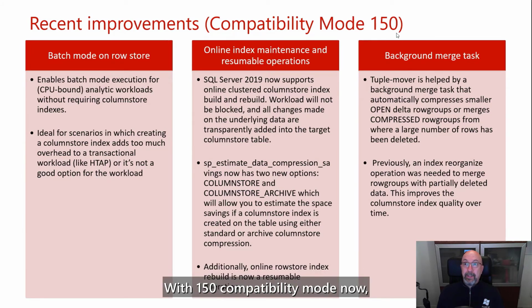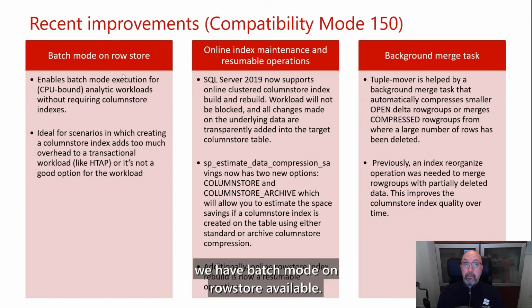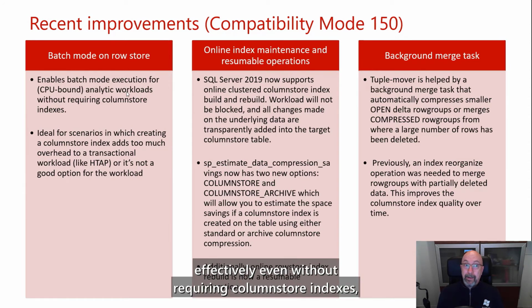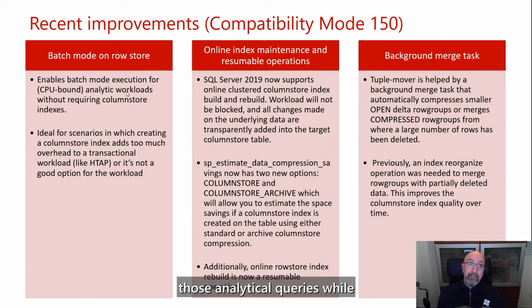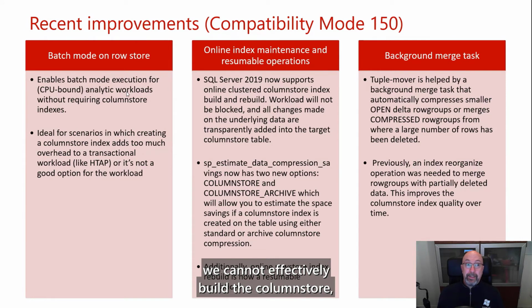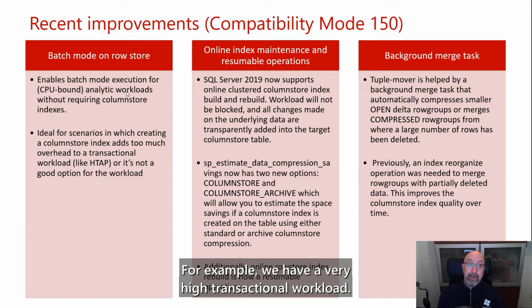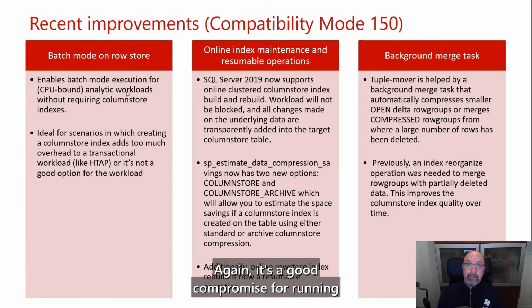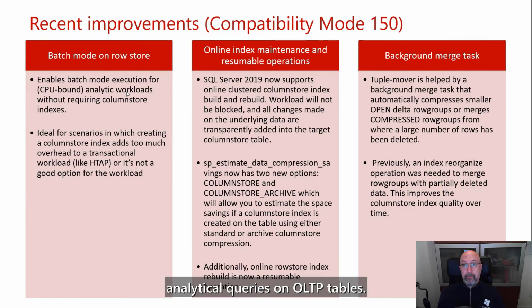So with 150 compatibility mode now, we have batch mode on row store available, so the ability to run some analytical workloads even without requiring column store indexes, so that the batch execution mode can power those analytical queries, while we cannot build a column store. Where the column store is adding too much overhead, for example, with a very high transactional workload, this is definitely a good option.